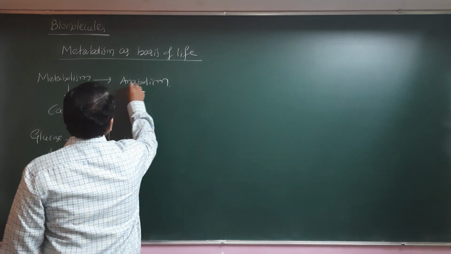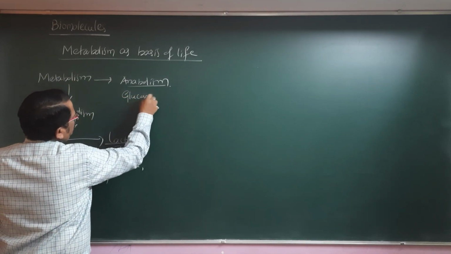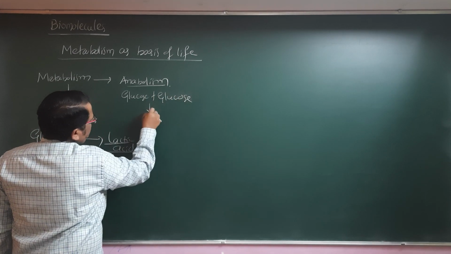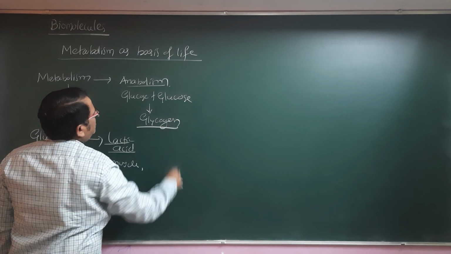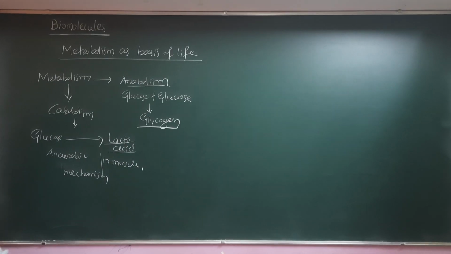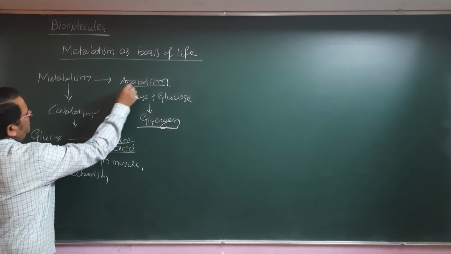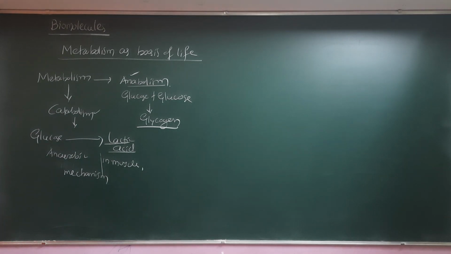Now anabolism, let me tell you: glucose plus glucose forms glycogen, mainly in the liver. So this is anabolism. Metabolism is the total of two kinds of reactions, catabolism as well as anabolism.